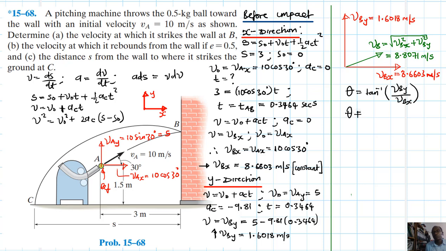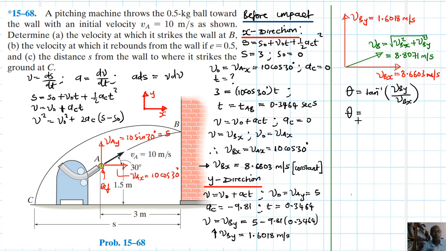Therefore, our theta is just going to be equal to tan inverse of 1.6018 divided by 8.6603.